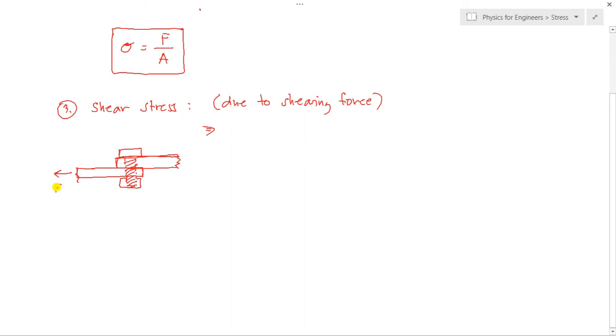This is the shearing force, which is denoted as Fs. Of course, over time, what happens to our bolt?